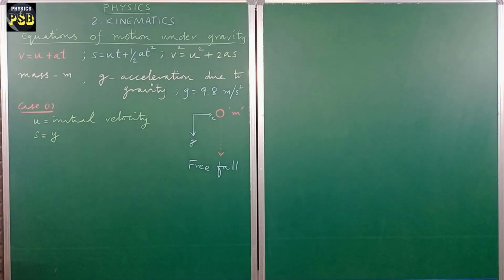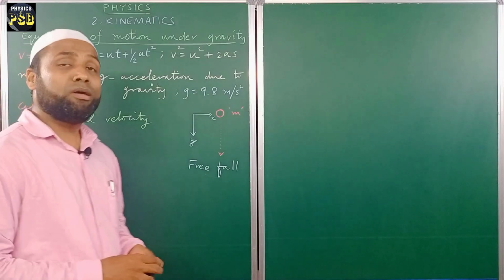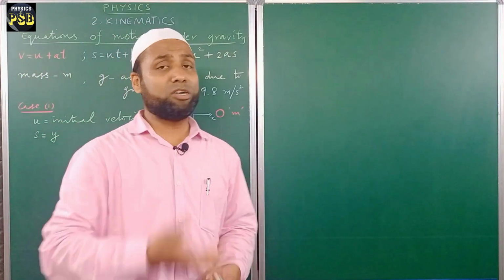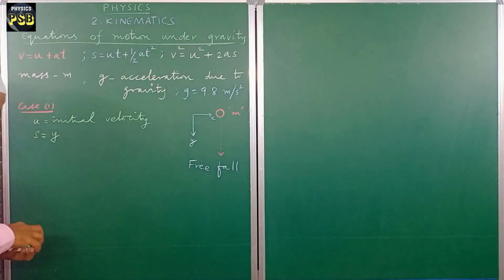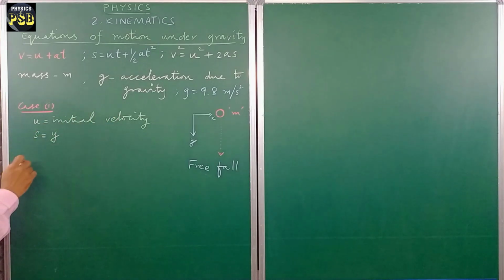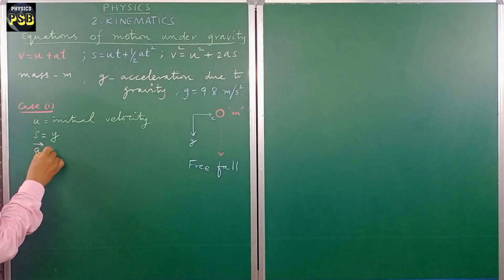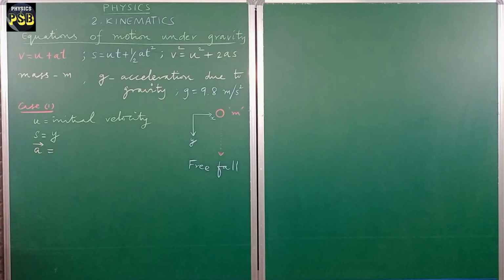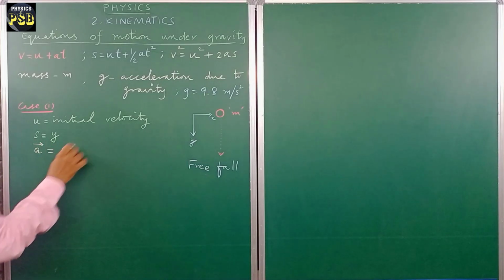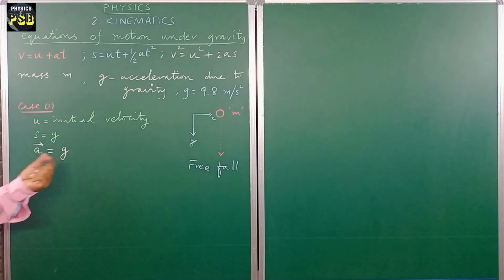Next, what will be the acceleration attained by that object? Let me write that here. Here the acceleration, I told you earlier, being a vector quantity, I use this symbol: the vector a is taken as g, acceleration due to gravity.